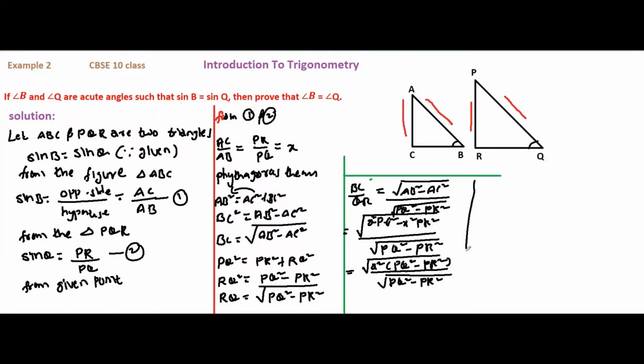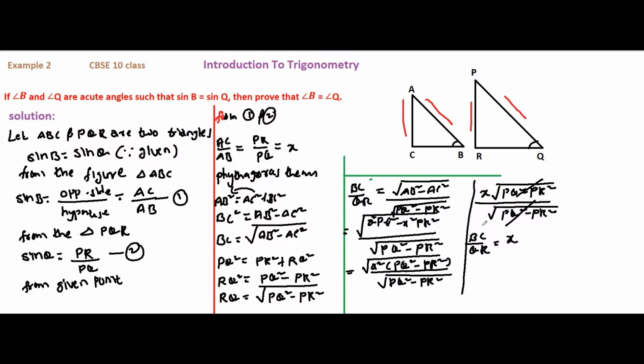Next, if you remove the x from the root, x square becomes x, and what is remaining inside is PQ square minus PR square, by again under root PQ square minus PR square. So this will be cancelled. What is remaining finally? BC by QR equals X.